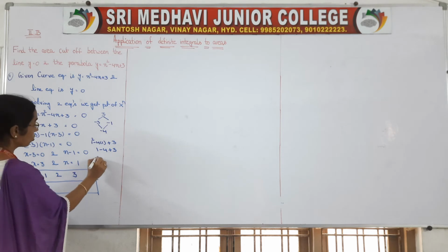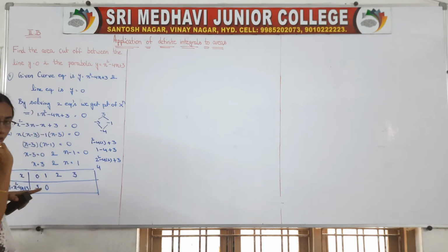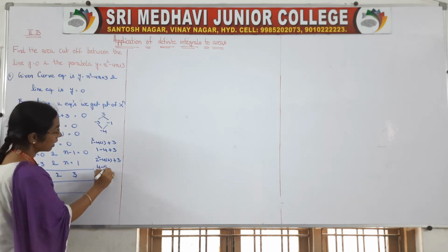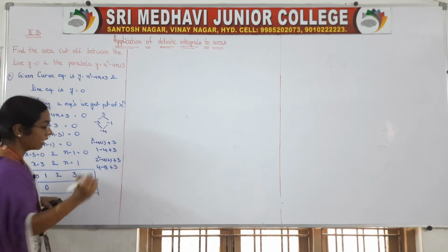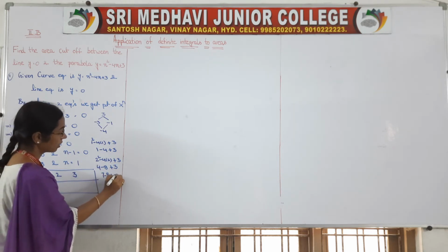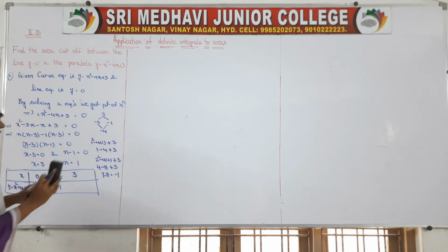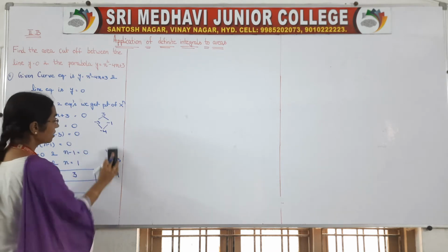Next you take 2 in this equation. So it is 2 square minus 4 into 2 plus 3. 2 square is 4, minus 4 2s are 8, plus 3. 4 plus 3, 7. 7 minus 8, that is minus 1. Next you take x value as 3.